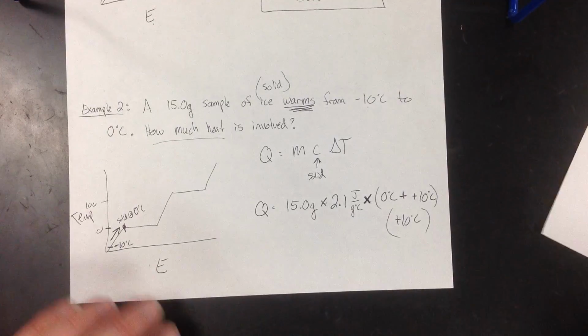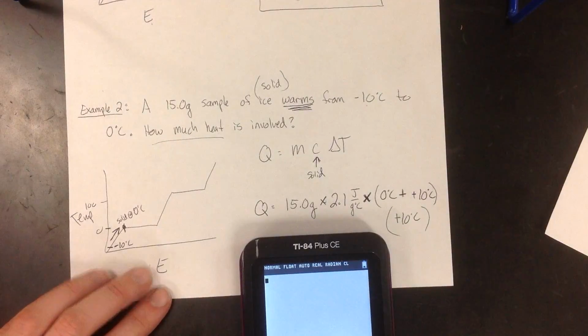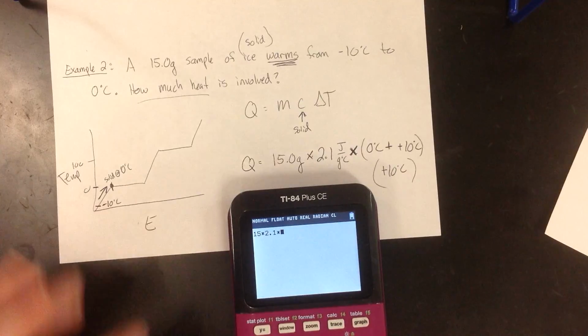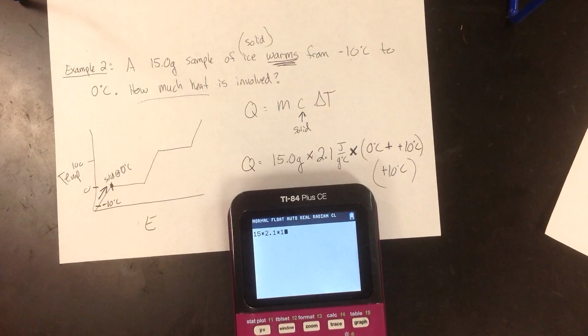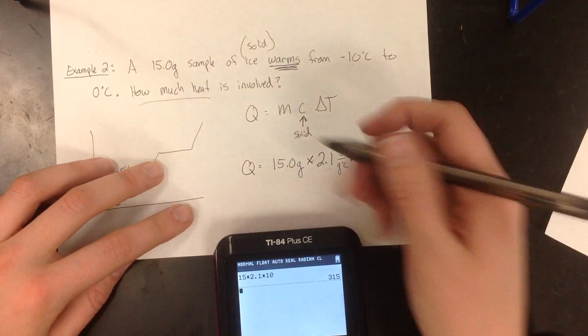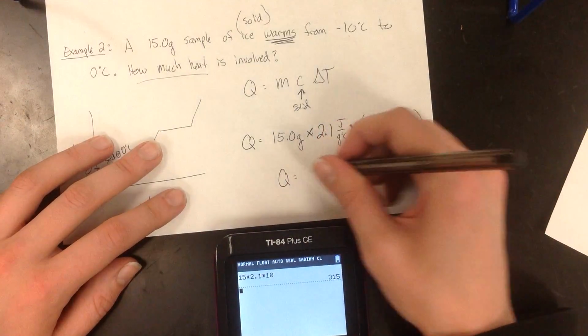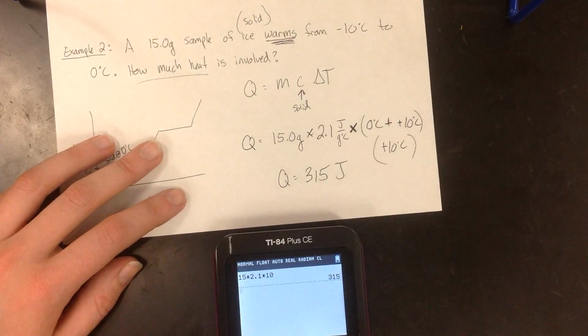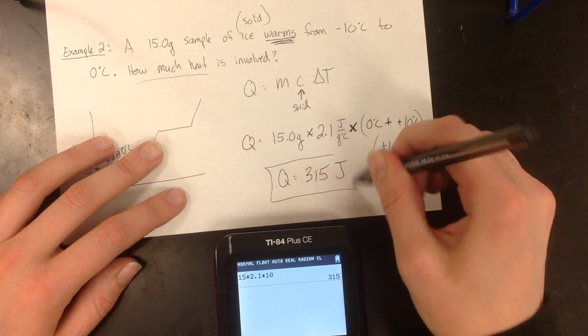Plug this into my calculator. I've got 15 times 2.1 times my temperature change, which was 10 degrees, and I get a whopping 315 joules for this amount of heat.